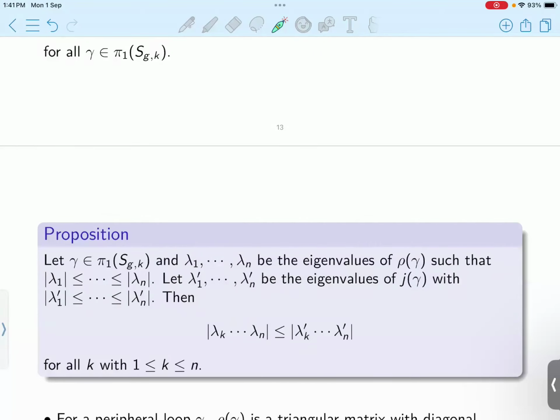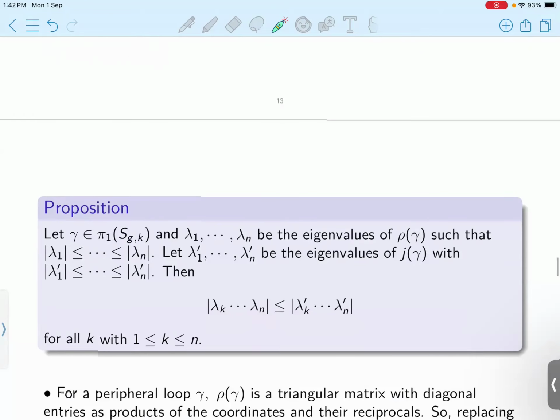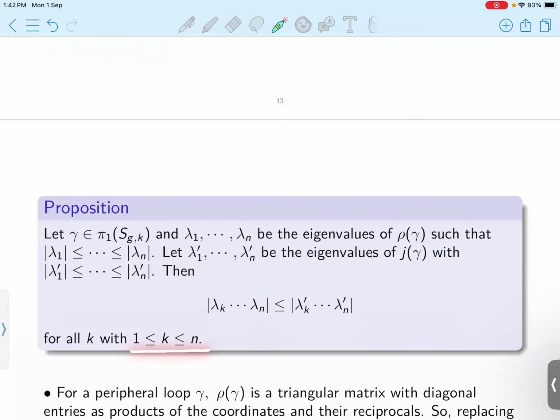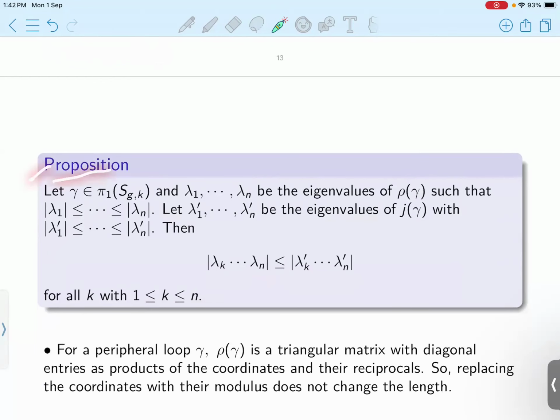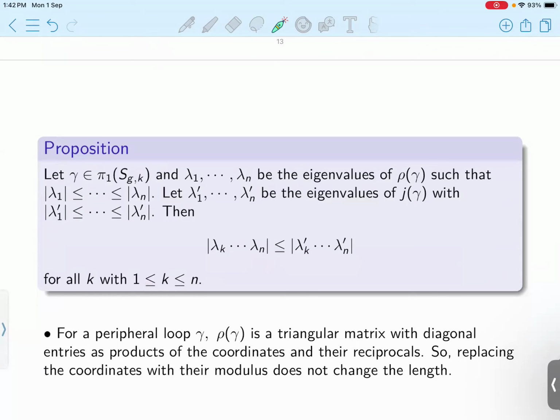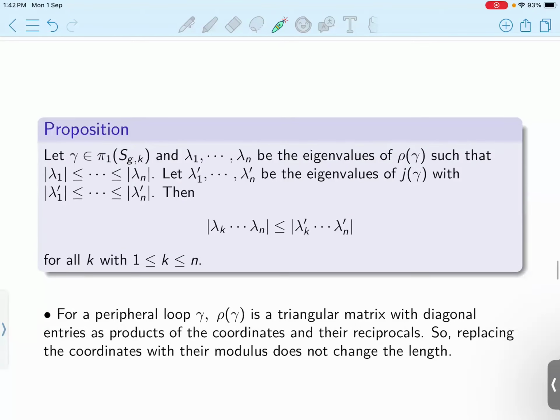Then the product of the k largest eigenvalues in modulus also increases here: it is less than or equal to the modulus of lambda_k' up to lambda_n'. So the product of the k largest eigenvalues increases for all k from 1 to n. This proposition, along with some other standard inequalities, helps us prove the domination for the translation length of rho(gamma) in the symmetric space X_n.